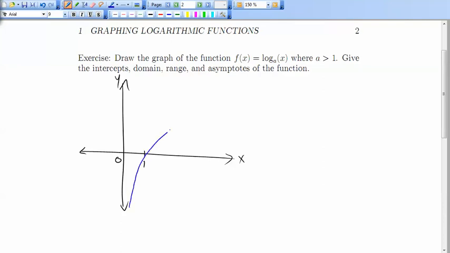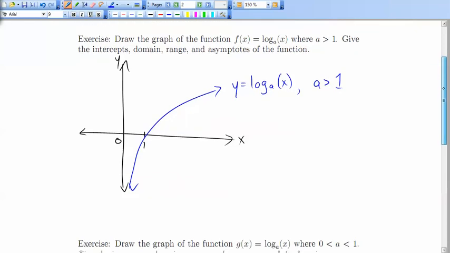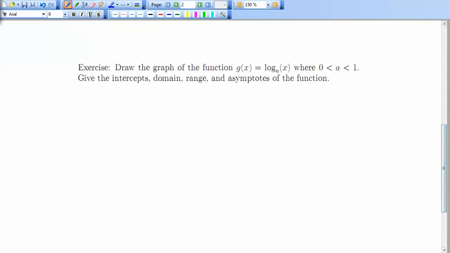And since the exponential function has a horizontal asymptote on the x-axis, our log function will have a vertical asymptote on the y-axis. There's all that symmetry going on. Now, remember we had two different types of exponential functions, those for exponential growth, meaning the base was bigger than 1. So we're also going to get a special logarithmic function when the base is bigger than 1. And if the base is between 0 and 1, we get a slightly different graph.